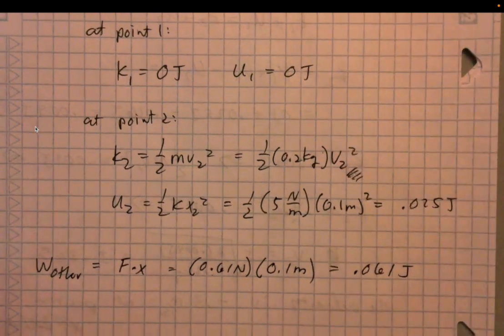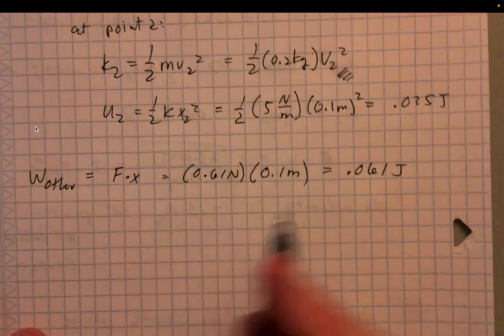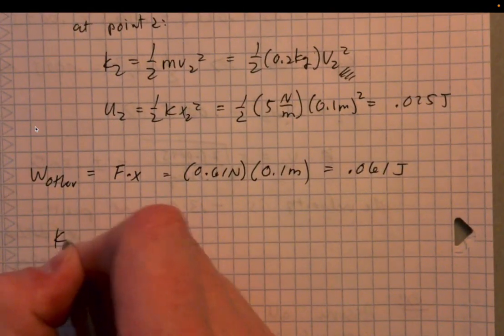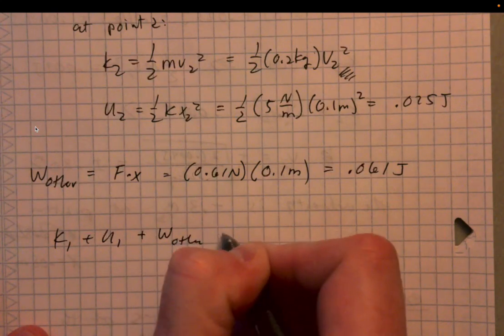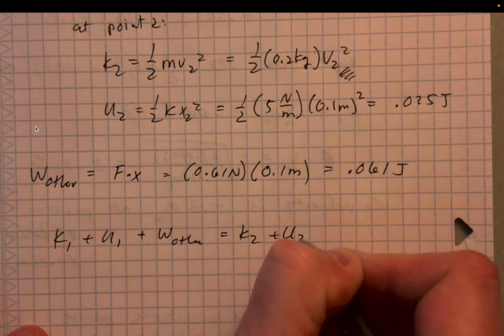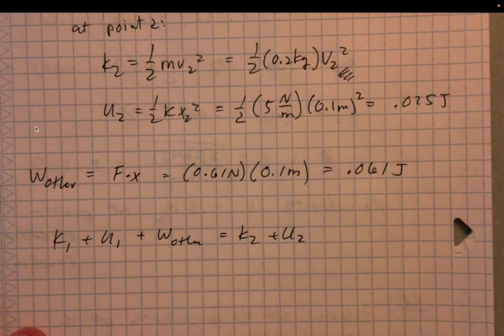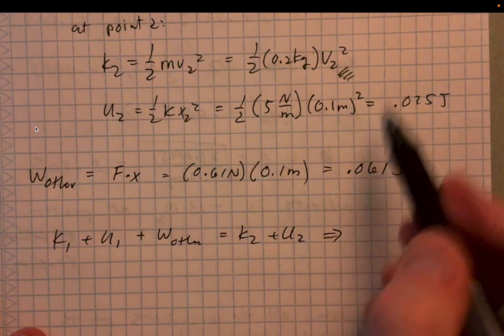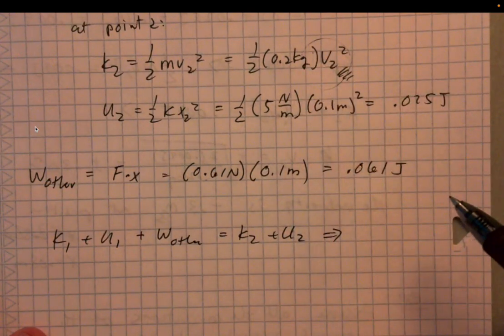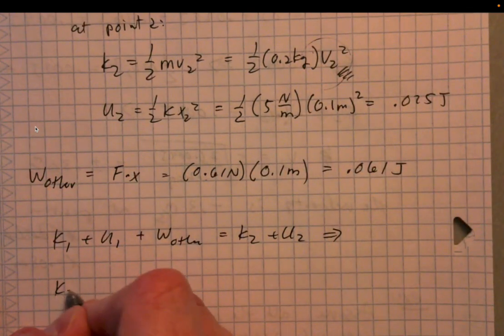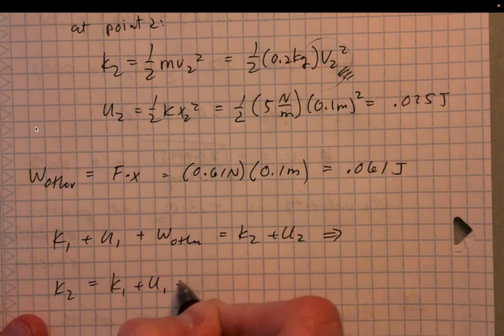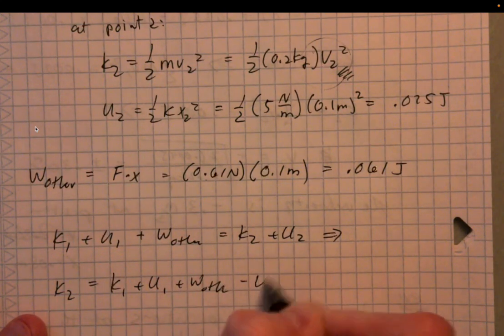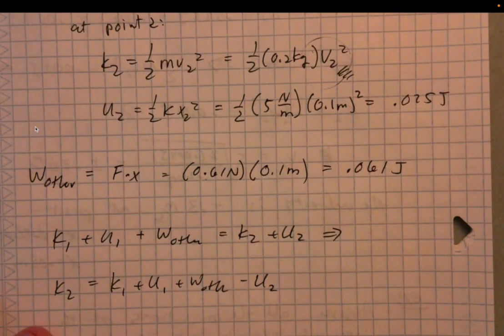Okay, and so what is our equation? Well, K1 plus U1 plus work other equals K2 plus U2. And again, we need to solve for K2, because we're after this. So K2 is equal to K1 plus U1 plus work other minus U2.